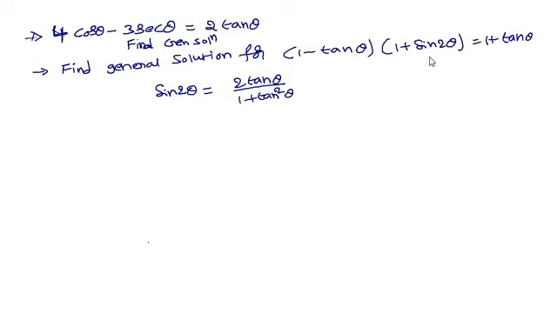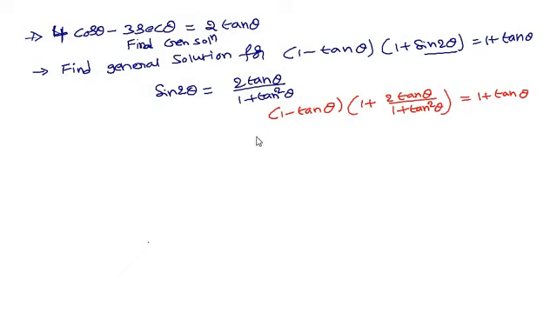So let us substitute this value here. So it becomes 1 minus tan theta into 1 plus 2 tan theta divided by 1 plus tan square theta equals to 1 plus tan theta.